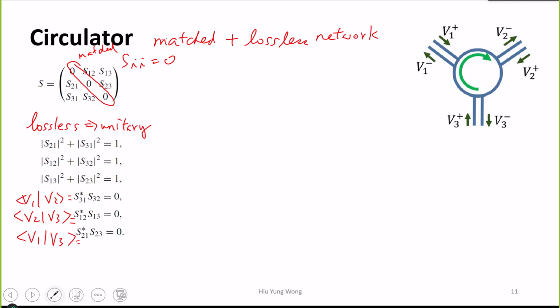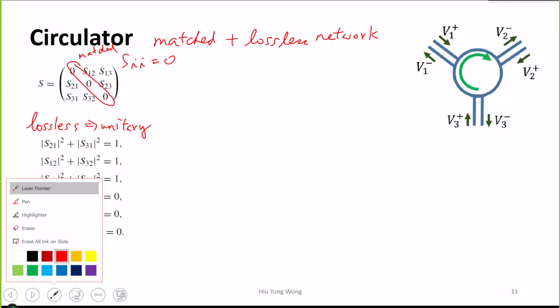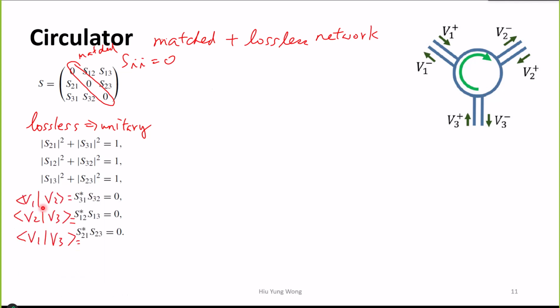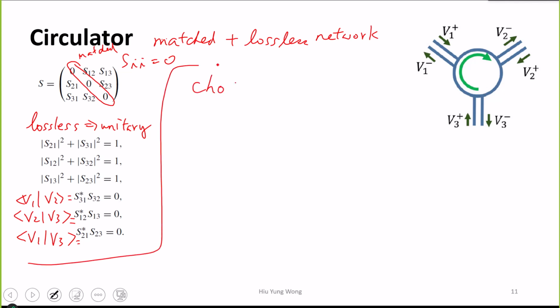So what can be the value? Let's look at this. We are going to design the circuit so that we choose S12 equal to 0, right? You can do that. You just design your circuit so that S12 equals 0. If S12 equals 0, what is S32?